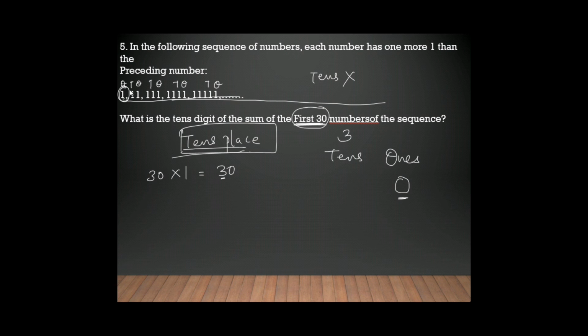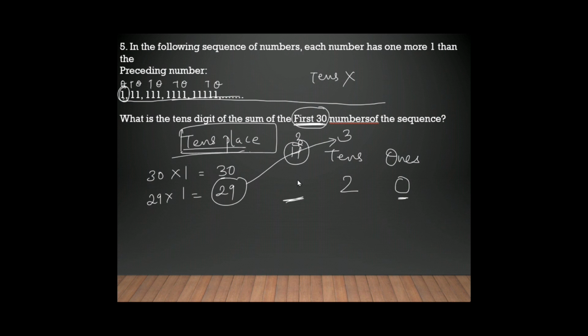That means leaving the first number, the later 29 numbers will have 1 in the tens place. So I am going to add 29 ones now, which will give me 29, and 29 plus this carry over 3 will give me 32, which gives me 2 in the tens place, and 3 will get carried over to the hundreds place.